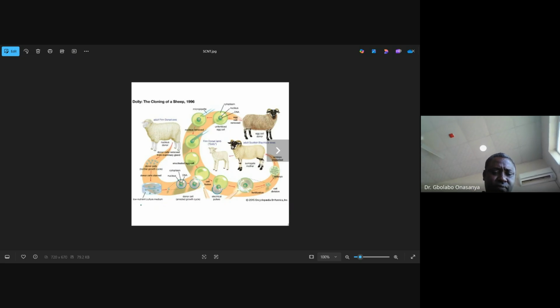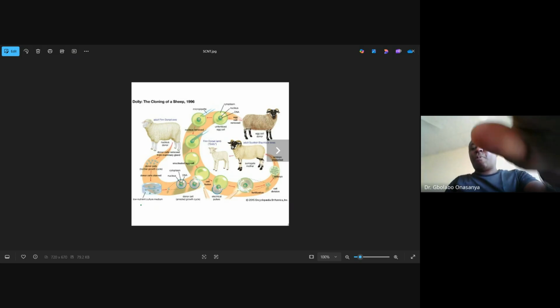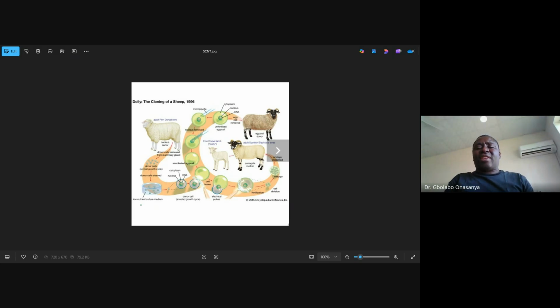Immediately we take the cell from the donor, the human mammary gland, we provide a low-nutrient environment, like RPMI, as a maintenance ration.